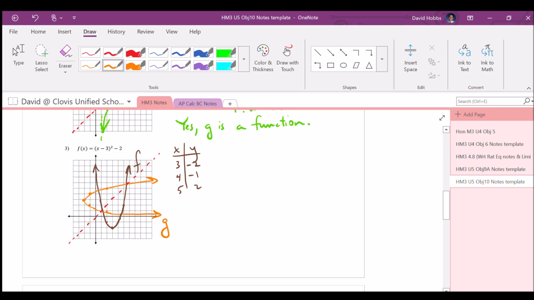Yeah, those are symmetric about the line y equals x, and my points of intersection, if I was doing a more accurate sketch, sure look like they would be intersecting on the line y equals x. Let's see, my function f, the domain and the range. My domain is all reals, and my range is all the y's greater than or equal to -2.